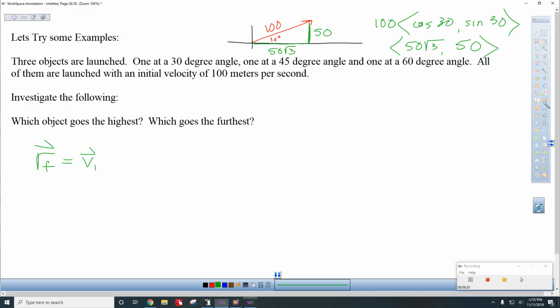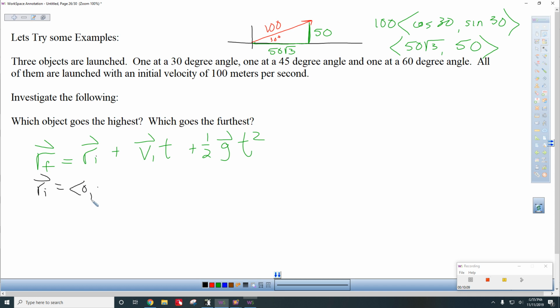Excuse me. The initial position vector, which for us is just 0, plus the initial velocity, so what angle and speed it's being launched at, times t, and then we'll just write it like this for now, plus 1/2 times the gravity vector times t squared.